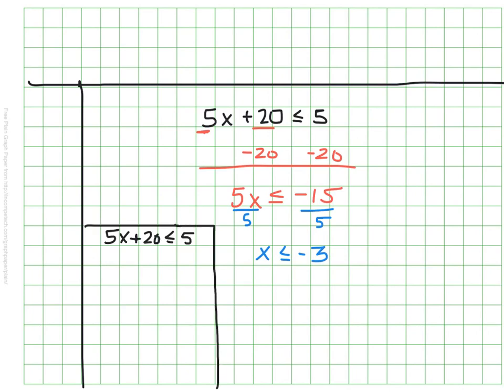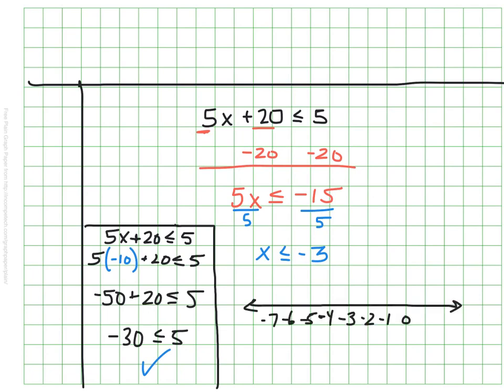I'll test this by picking a number that is less than -3, maybe -10. When I get to the end of substituting in -10, I get an inequality that says -30 is less than or equal to 5, and that sure is true, so I know that is a choice that would work, and -10 is less than -3, my bare minimum.